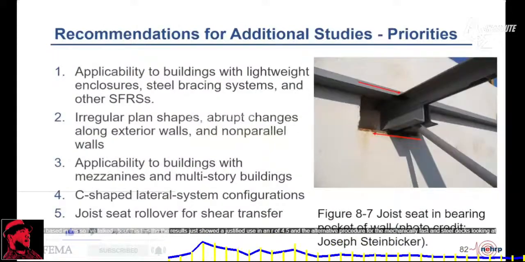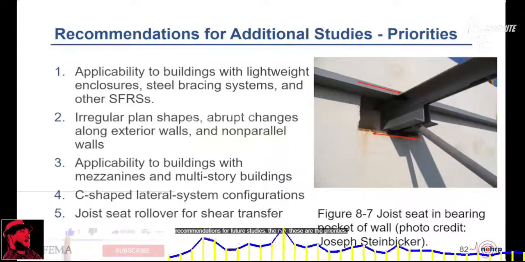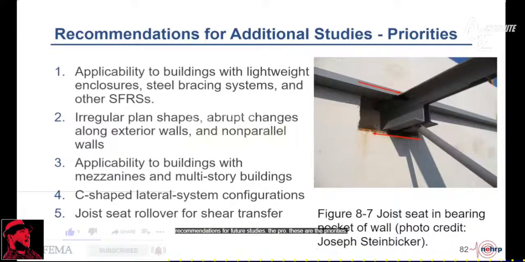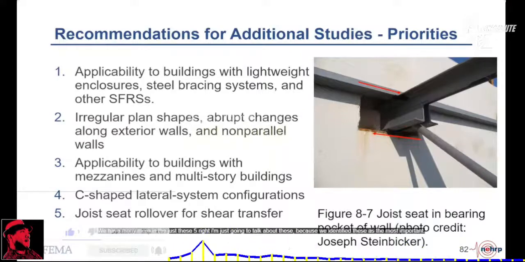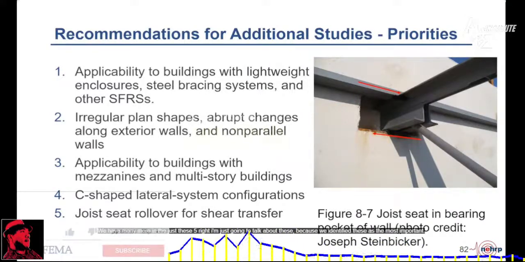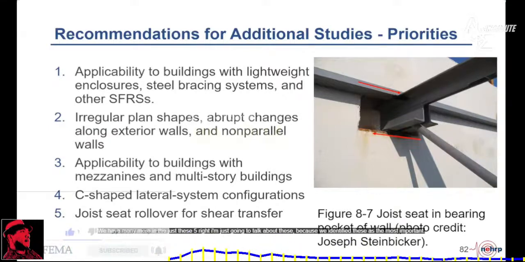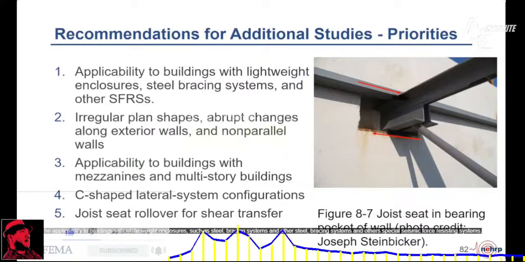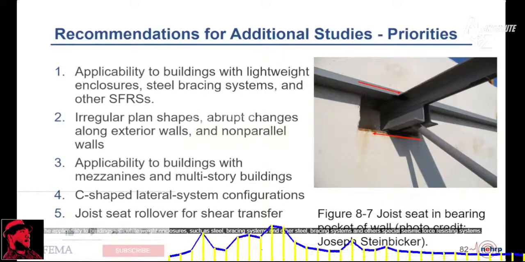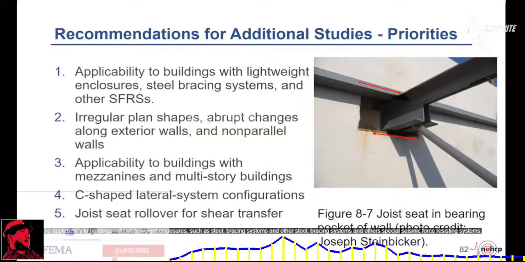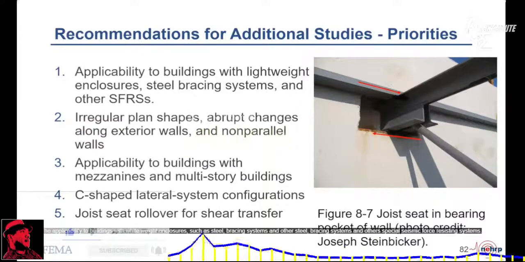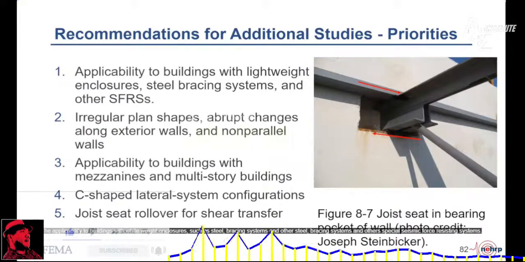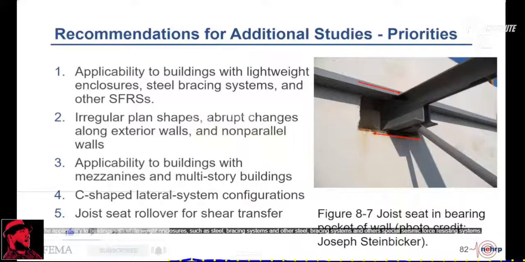Looking at recommendations for future studies, these are the priorities. We have many more than just these 5, but I'm just going to talk about these because we identified these as the most important. The applicability to buildings with lightweight enclosures, such as steel bracing systems and other special seismic force resisting systems.